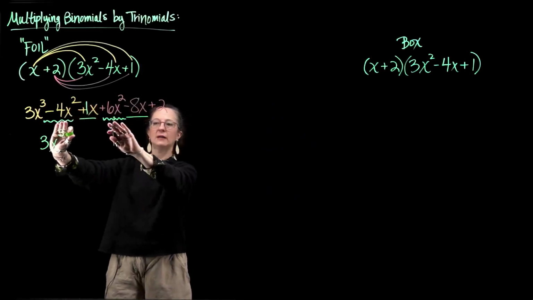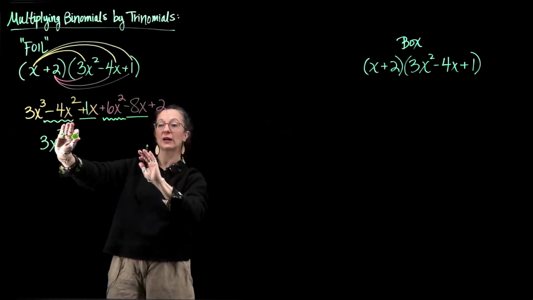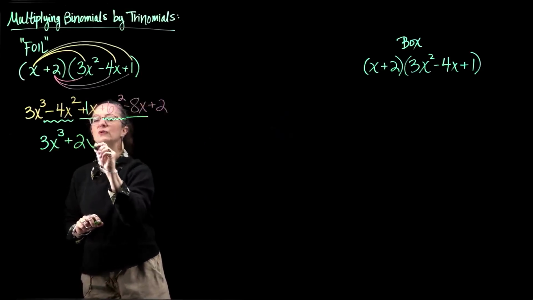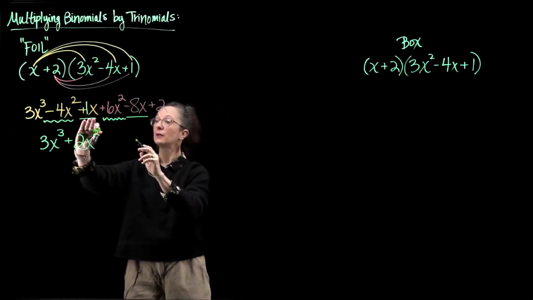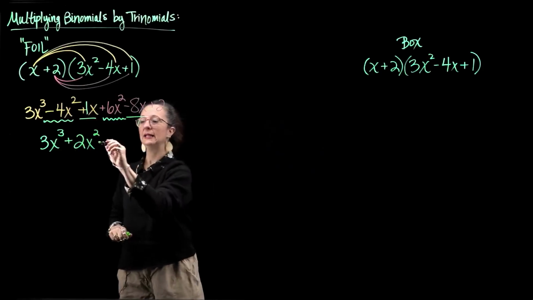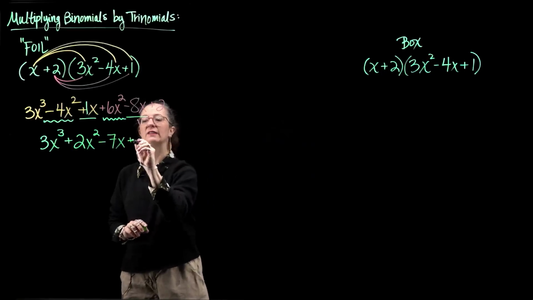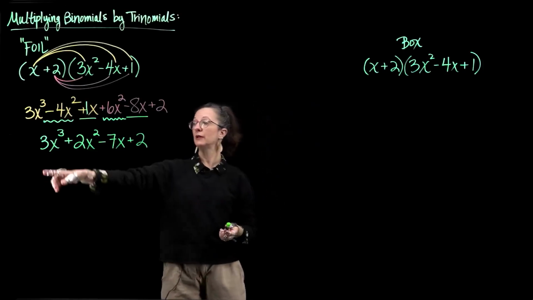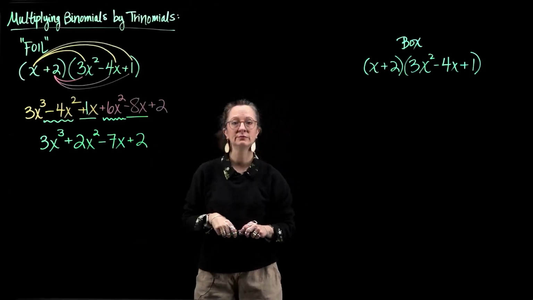Then I'll combine minus 4x squared and plus 6x squared, which would give me 2x squared. Then plus 1x minus 8x gives me minus 7x. And finally, that plus 2 on the end. So my final answer would be 3x cubed plus 2x squared minus 7x plus 2.